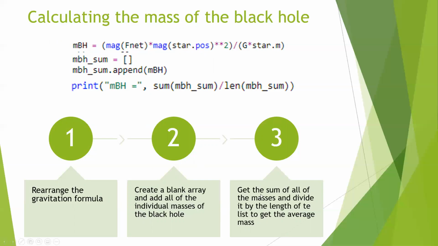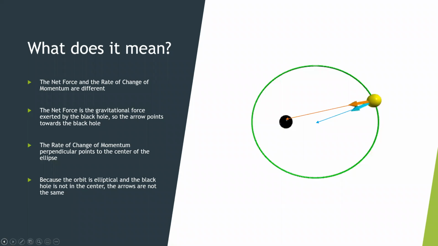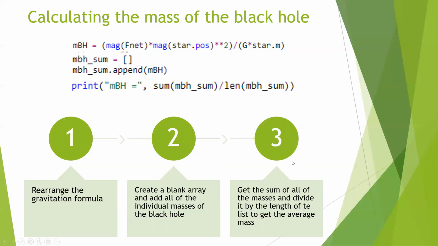And then finally, I took the sum of all of the masses and divided it by the length of the list to get the average. So as far as my results go, the mass of my black hole was 9.97 times 10 to the 33rd, which seems like a fairly reasonable answer. I don't know too much about black holes, so I assume that is a decent mass for a black hole.